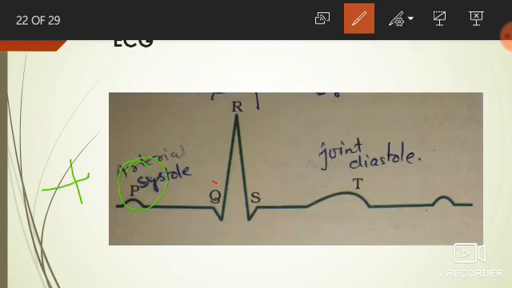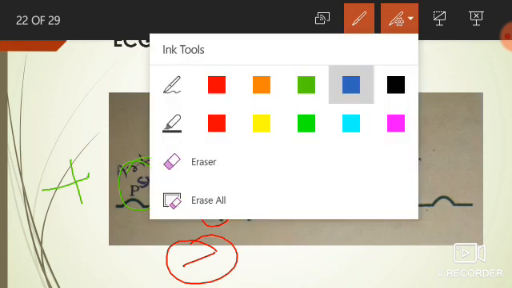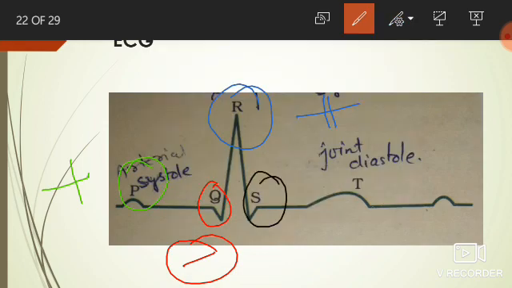Q is below the line, so it is negative. R wave is above the line, so it is positive. S wave is below the line, so it is negative.